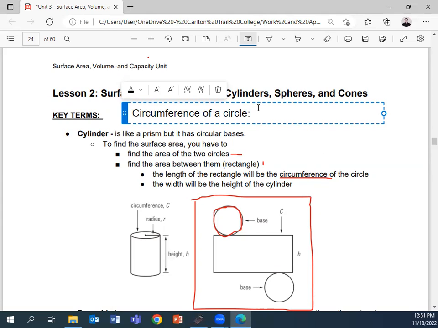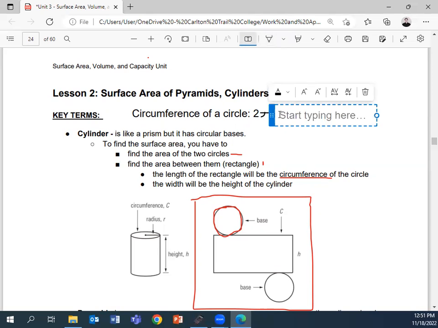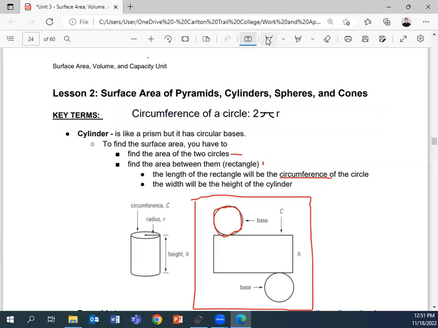So to find the circumference of a circle, you take 2, take pi, r: 2 pi r. The circumference of a circle is 2 times pi times r.